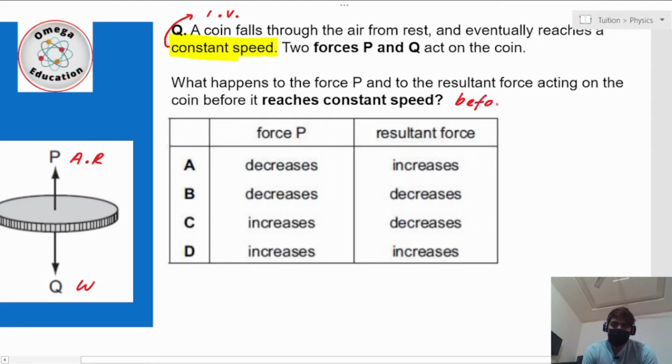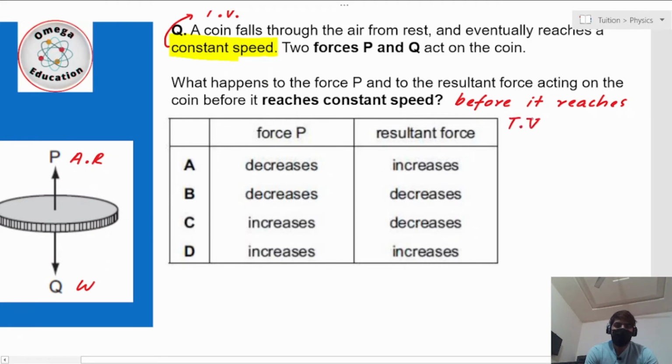So here they are saying you have to answer before it reaches the terminal velocity. Although the object has reached the terminal velocity, the question is about the forces before it reaches terminal velocity.